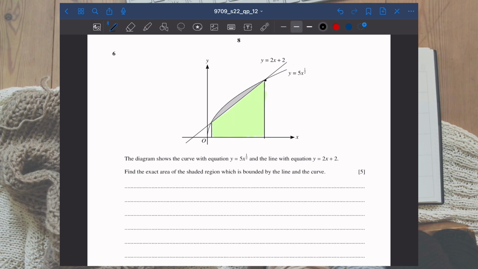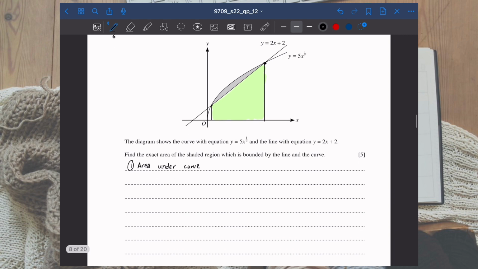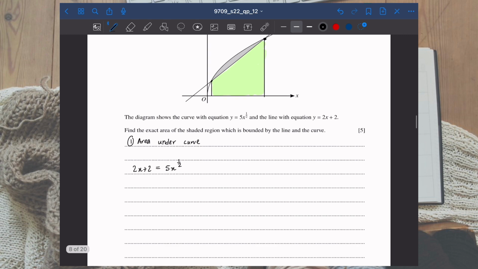So to find the area under the curve, we first need to find our limits, or the intersection of the curve and the line. So we can do 2x plus 2 equals 5x power half. And then you'll have 2x minus 5x power half plus 2.